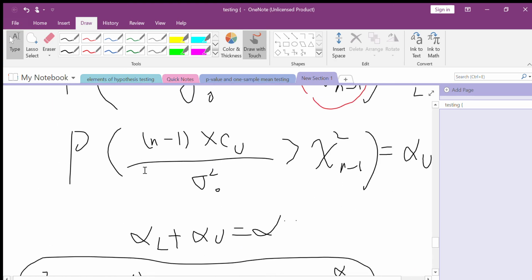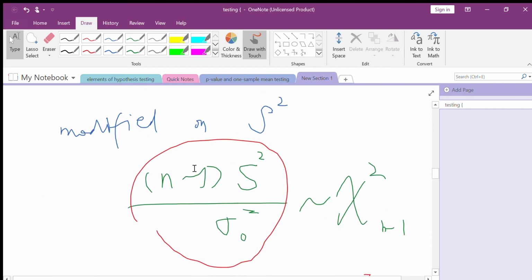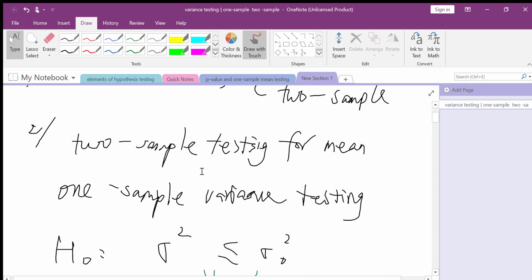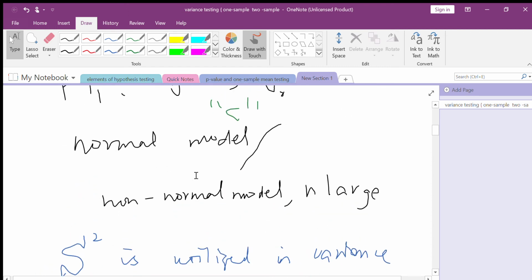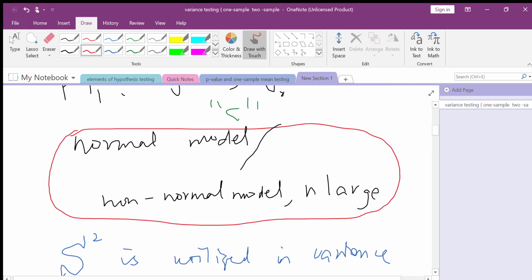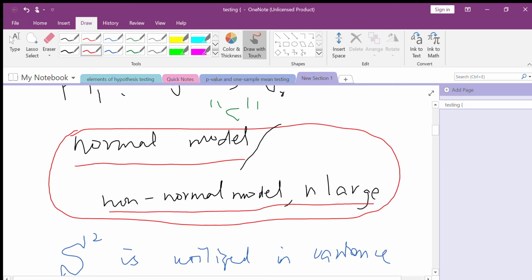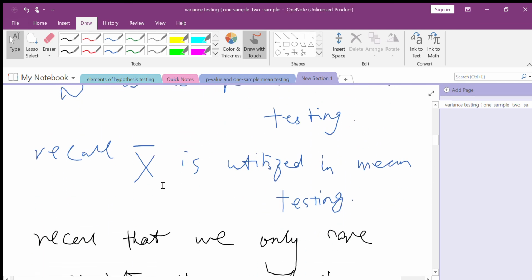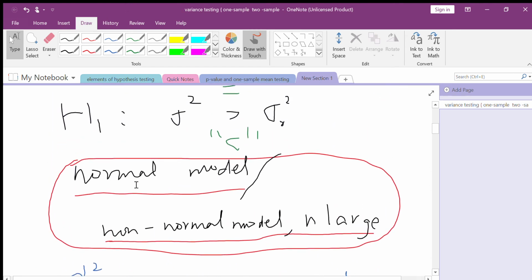Okay, let's firstly do a quick review. Let me make a remark before we go into the two-sample variance testing. My very important remark is that all of our testing works under such a model assumption: normal model or non-normal model with large n. I will not repeat the model assumption for the following testing.